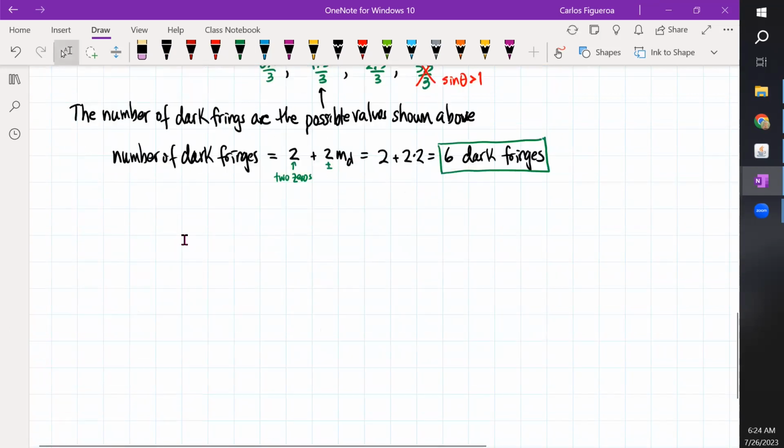So now what we want to do here is sketch out the pattern.